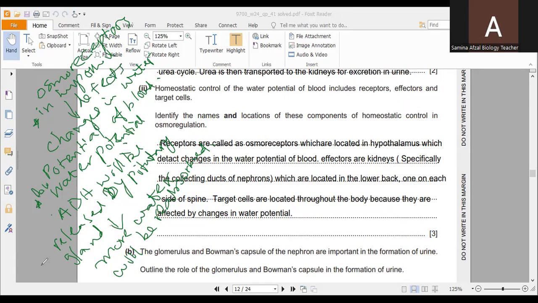On the other hand, if the water potential is high, what will happen? Less ADH will be released, due to which most of the water will be excreted in the form of dilute urine.